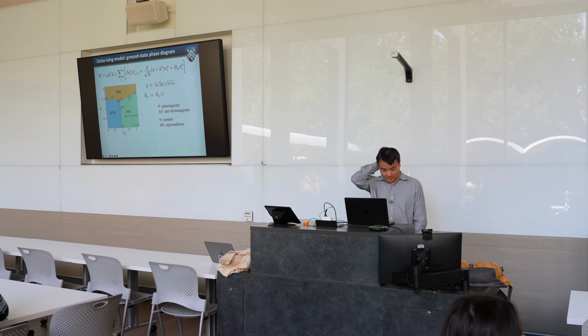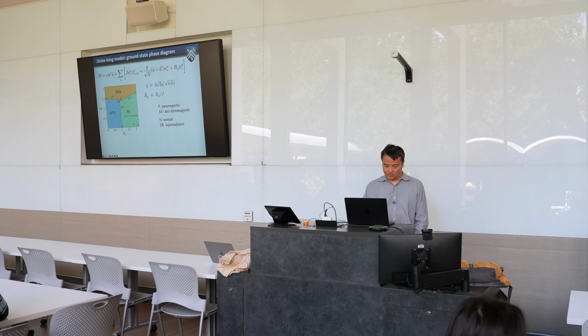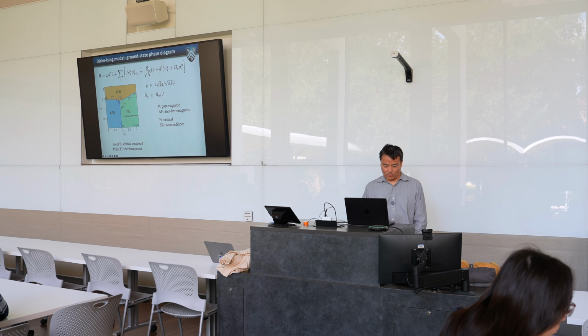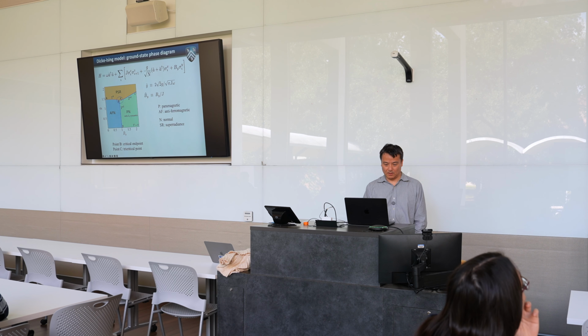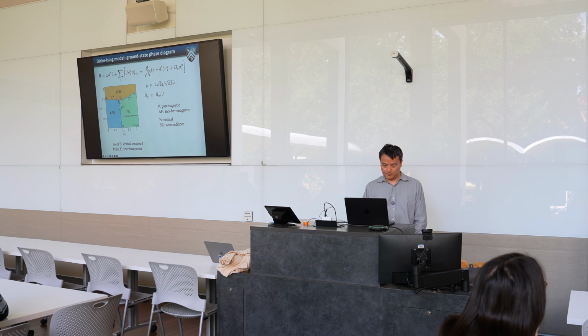And again, the first order and second order boundaries join at a tricritical point. This is the point C. Also in this phase diagram, another point is quite special, this point B. This is the end point of this Ising boundary, so it's a critical endpoint.